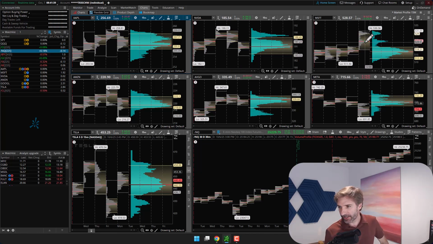Microsoft trading higher, and now it's about to open around 528, around this area here, the top part. If the market rallies, this can be a candidate for a push higher.